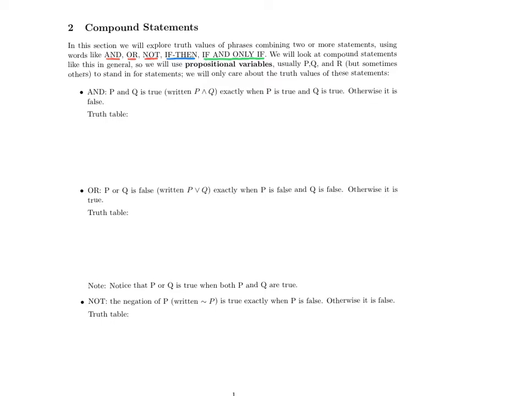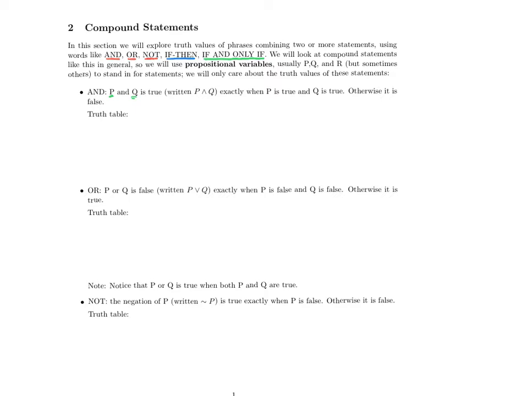So, a lot of times, instead of writing out actual statements, we'll say just something like P is some statement and Q is some other statement or something like that. So, let me give you an example with some actual statements first.